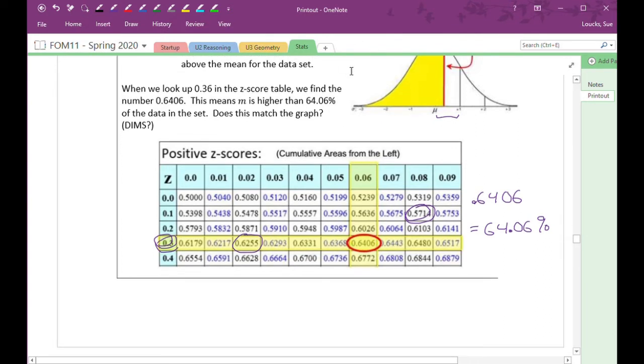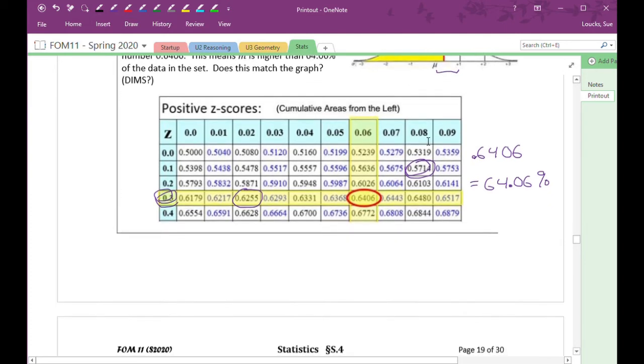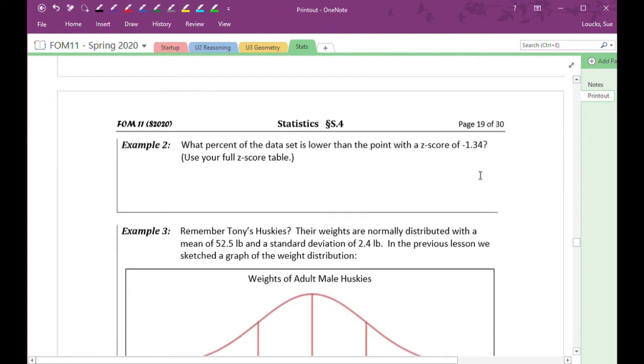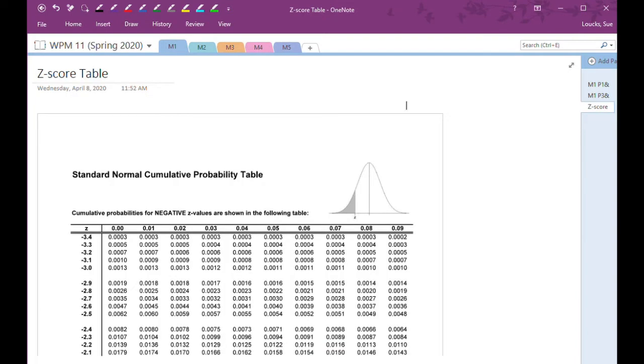Okay, let's look at another example. What percent of the data set is lower than a point with a Z-score of negative 1.34? So I'm going to pop over to the Z-score table. Okay, here we have our Z-score table, and we are looking up a Z-score of negative 1.34.